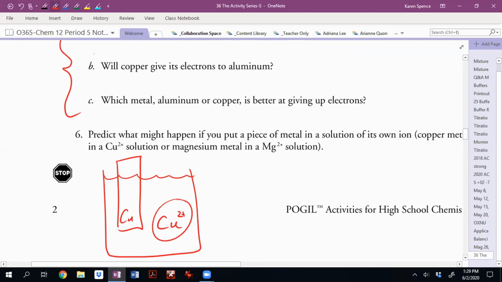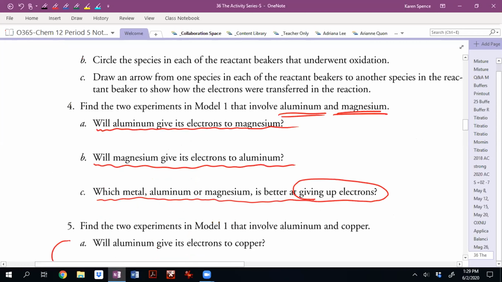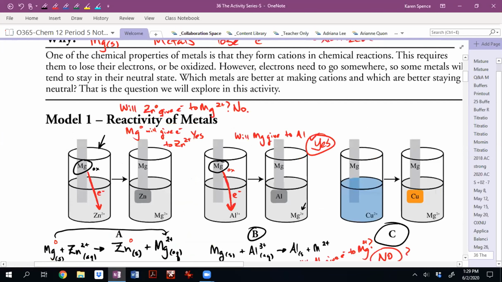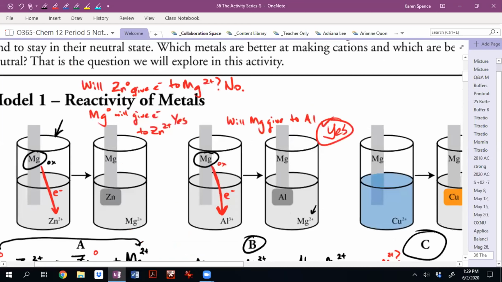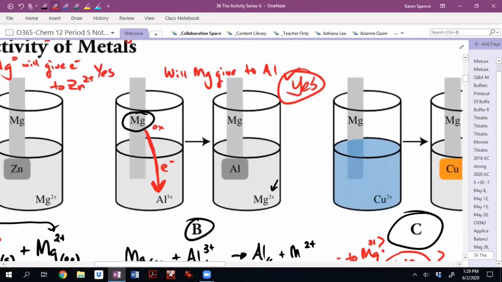So what this means is that out of every pair of metals and metal ions, one of them is better at pulling electrons towards itself. So if we look at our magnesium aluminum example, aluminum is better at gaining electrons than magnesium is, because when we did the same reaction the other way around, magnesium 2+ was not able to gain those electrons.